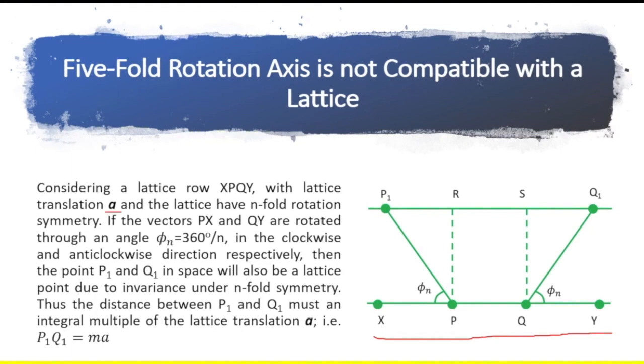Now if we rotate xp in the clockwise direction and qy in the anti-clockwise direction, and the new position of x is p1 and the new position of y is q1, then the distance between p1 and q1 should be an integral multiple of the lattice constant a, because if it is showing a rotation symmetry, then this new position should be the position of some lattice point.